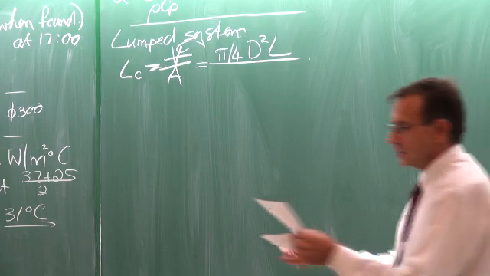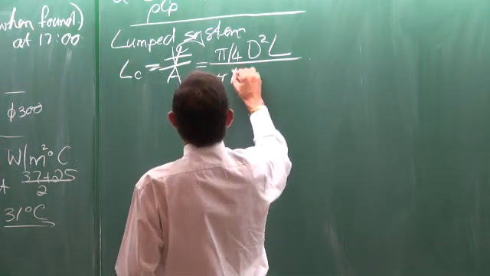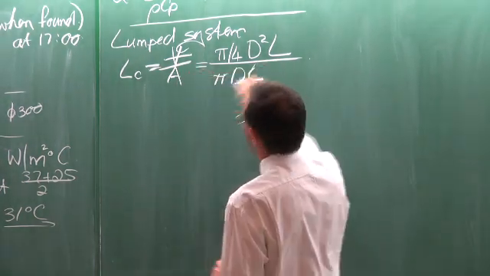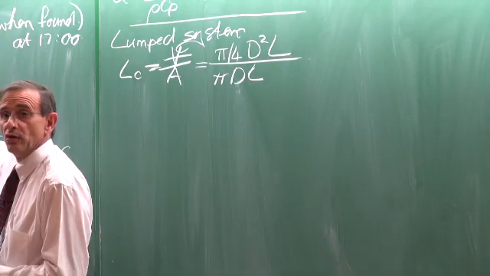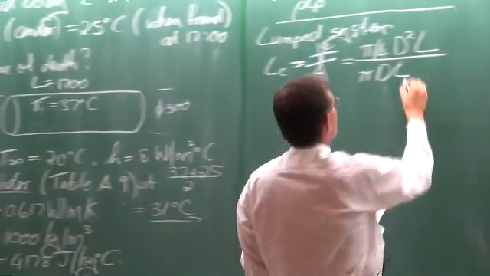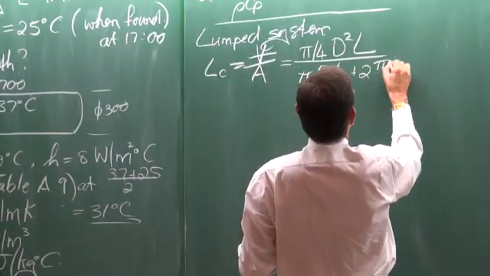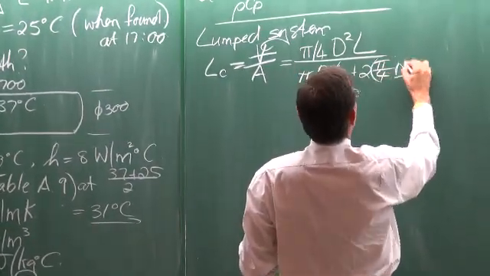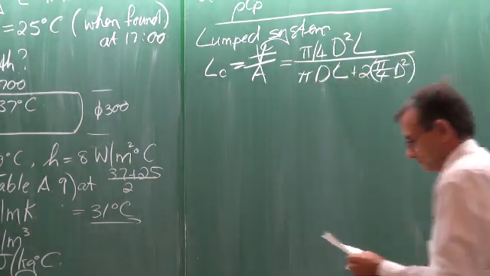The surface area would be equal to pi, the diameter multiplied by L, so it is this surface on the outside, and then we still have two of these end walls. So it's 2 times pi divided by 4 multiplied by d squared.